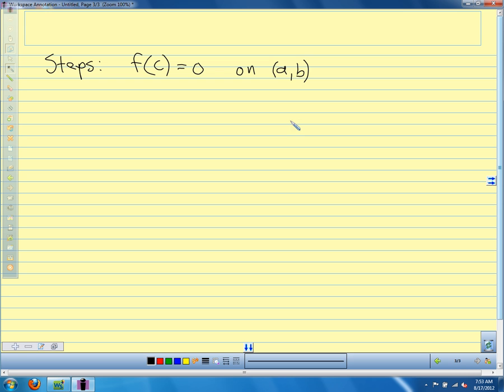So f has to be differentiable. So you need to make an initial estimate close to c. Close is a relative term. Then you make a new approximation using Newton's method.